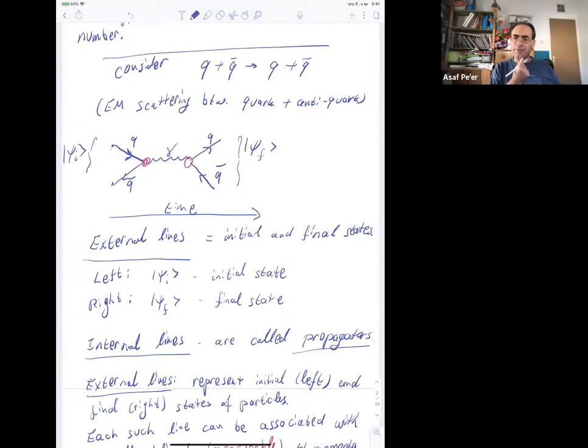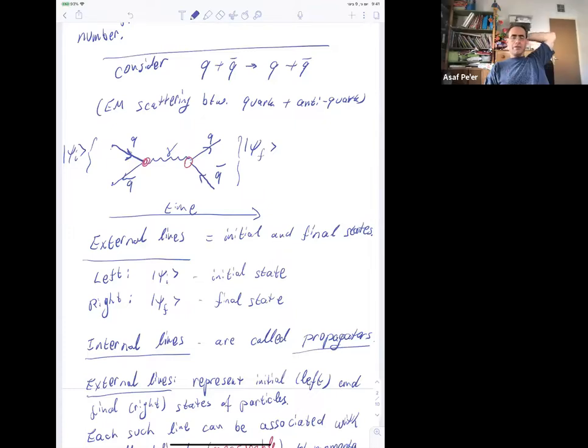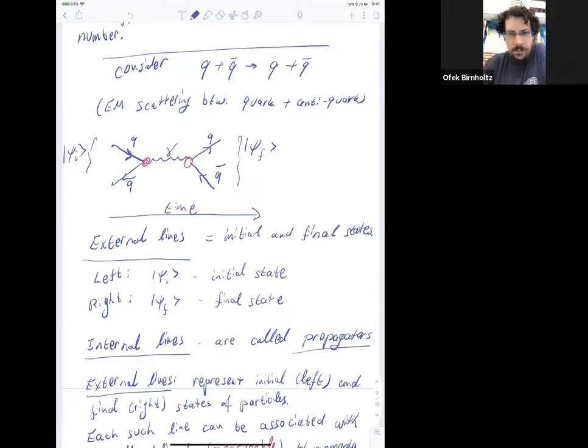Yeah, I could. So then electron positron is the same as a q anti-q. I think I could also do it with a gluon. A virtual gluon. Of course.